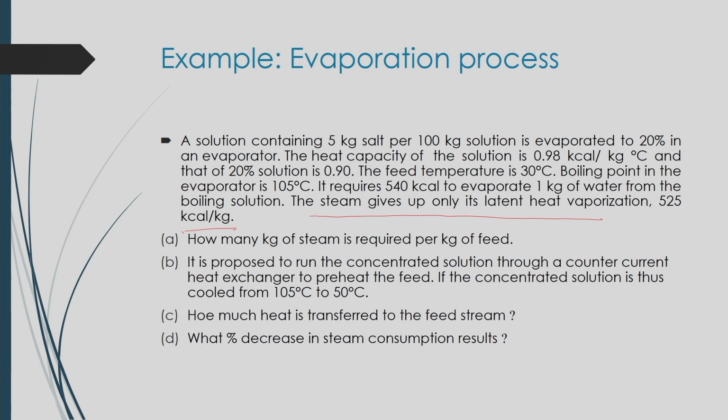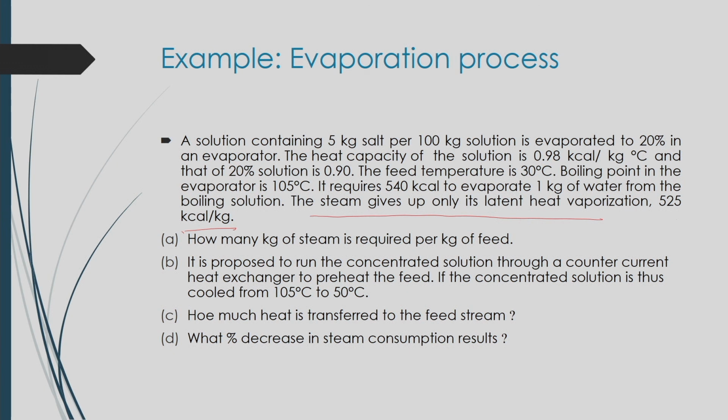Based on this principle, you have to calculate how many kg of steam is required per kg of feed. Also, it is proposed to run the concentrated solution through a countercurrent heat exchanger to preheat the feed.